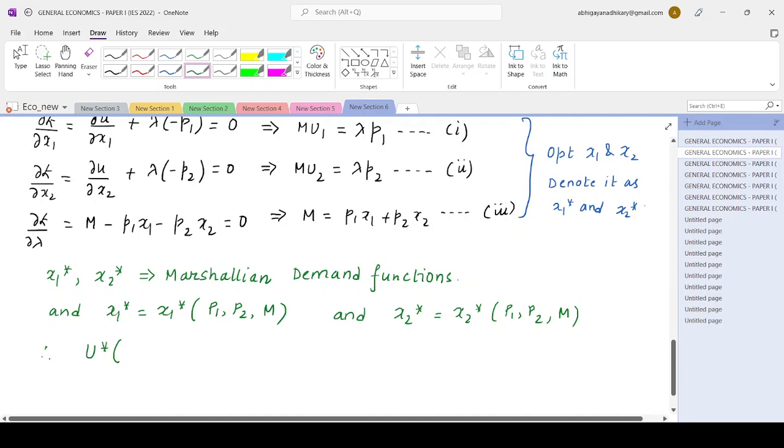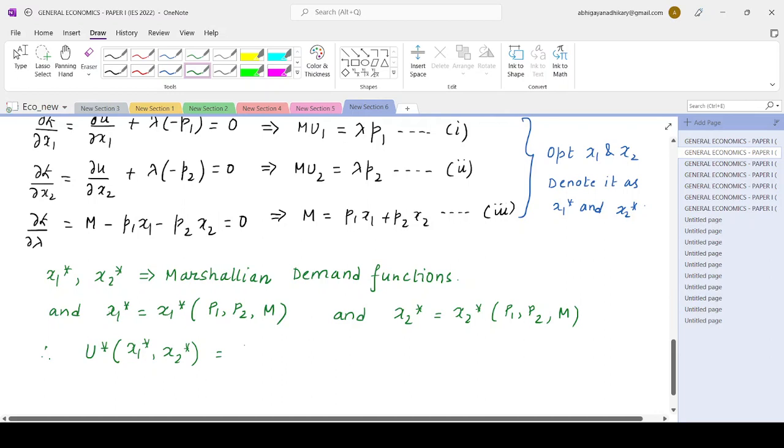It's the best possible consumption bundle that the consumer can get given the budget constraint. Consuming x1 star and x2 star gives him the highest level of utility that he can get. If I substitute x1 star and x2 star, I'll get the highest level of utility, which I denote as u star.